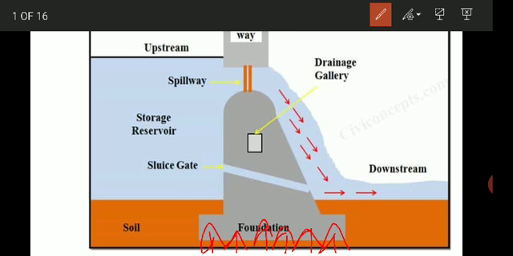This pressure, which is equivalent to the hydrostatic pressure, is called the pore pressure, or also the uplift pressure. It acts against the weight of the dam and thus helps in sliding or overturning of the dam. So these are the forces acting on the dam.